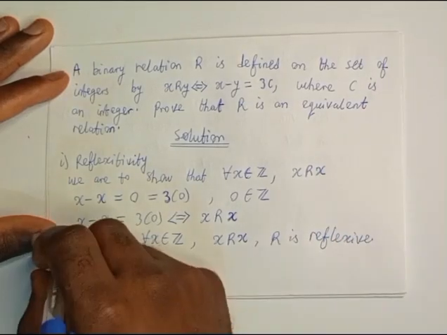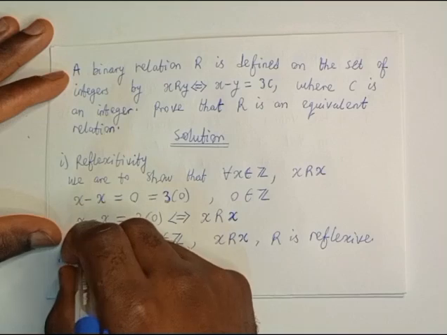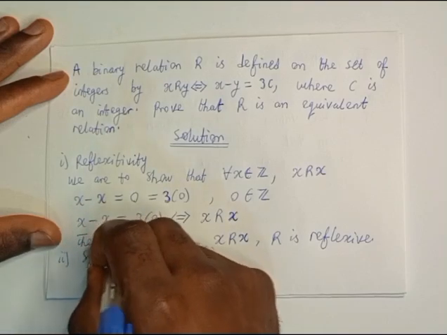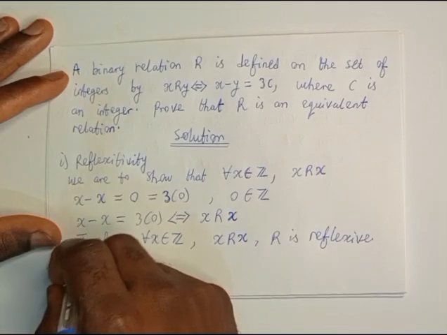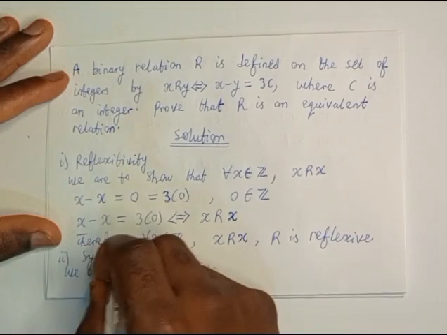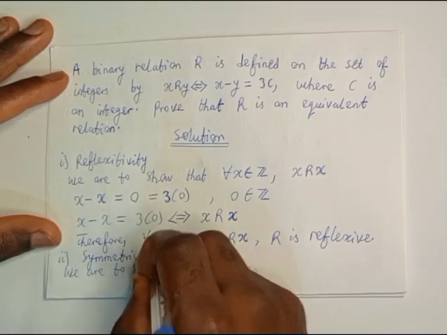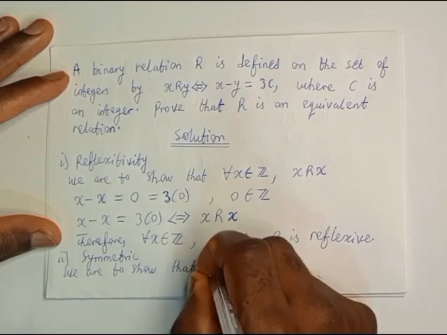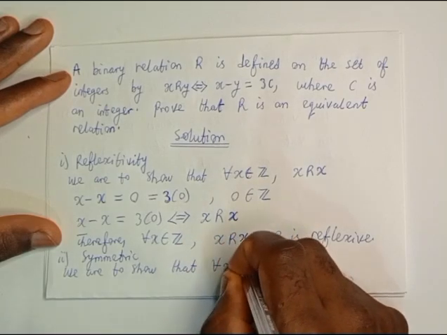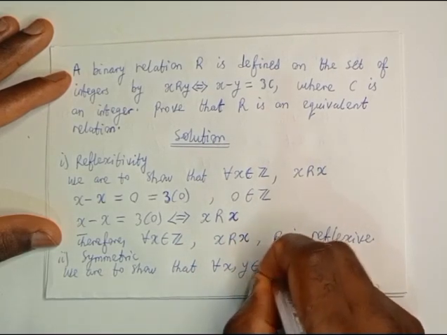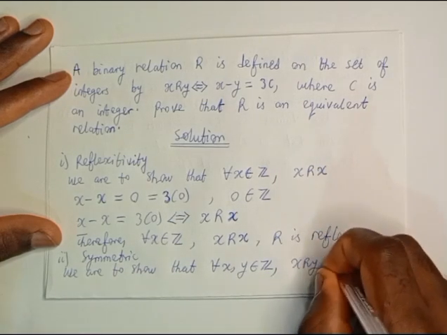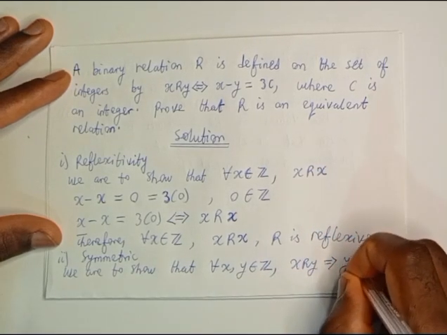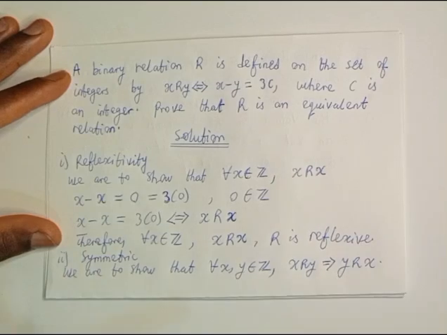The next property, 2, we have to show that R is symmetric. We have to show that for every x, y taken from the set of integers, x related to y implies that y is related to x.